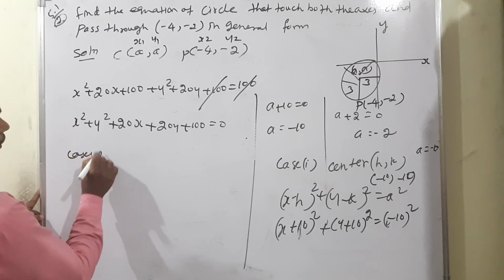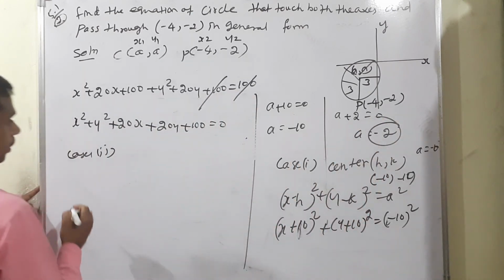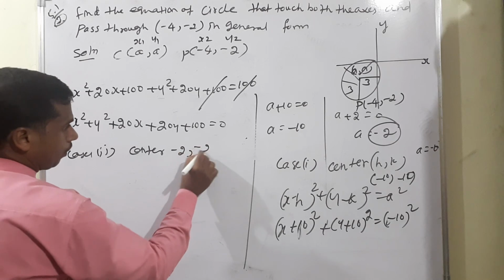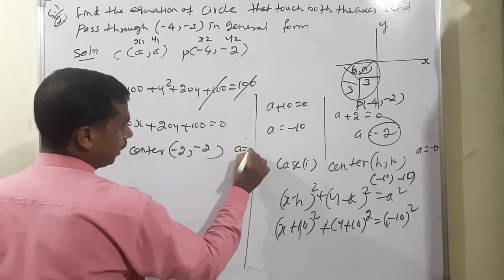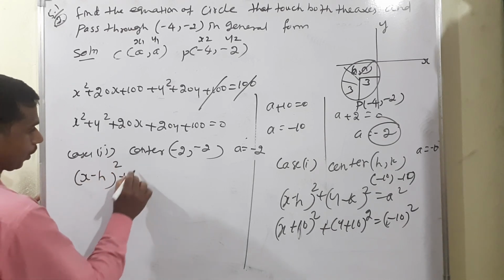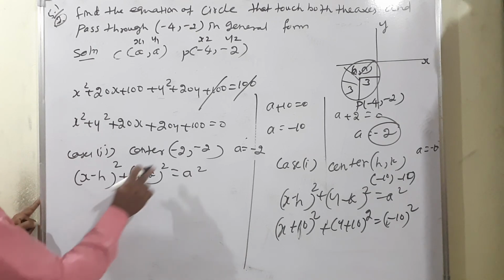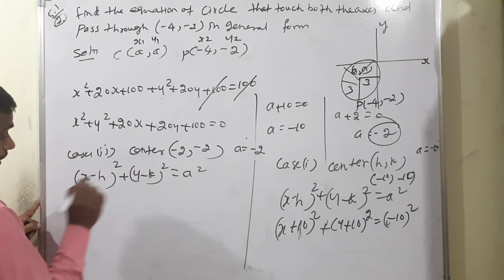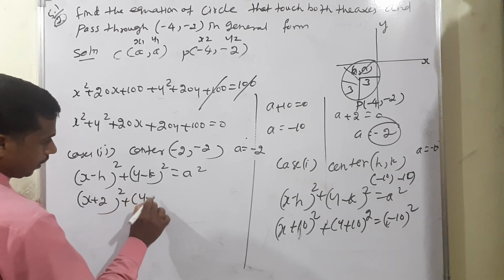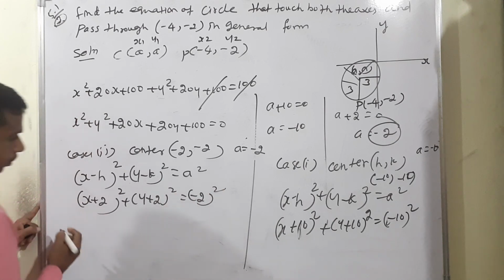Now case number 2: the center (a, a) with the second answer minus 2, so the center is (-2, -2), and again a is also minus 2. The formula: x minus h the whole square plus y minus k the whole square is equal to a square. h is equal to minus 2 and k is also minus 2. Therefore (x plus 2) the whole square plus (y plus 2) the whole square is equal to (-2) the whole square.